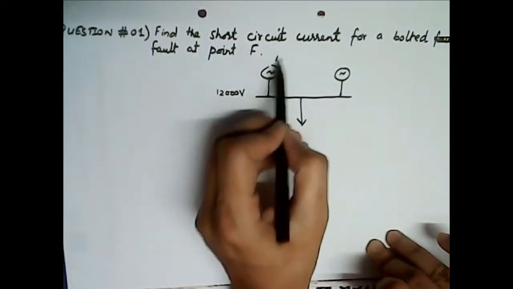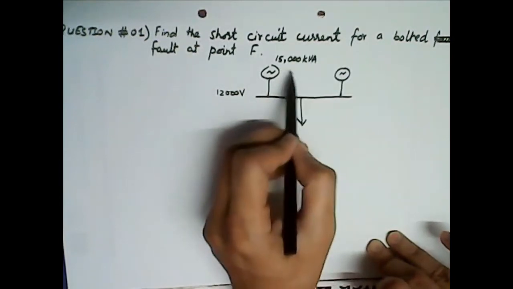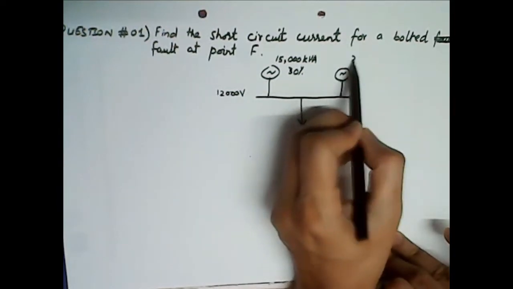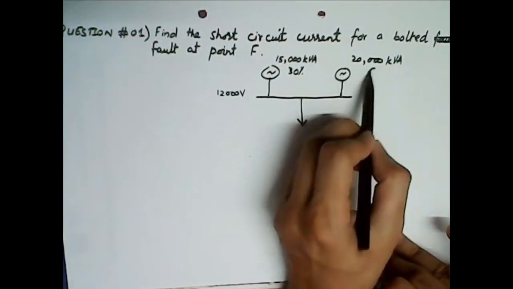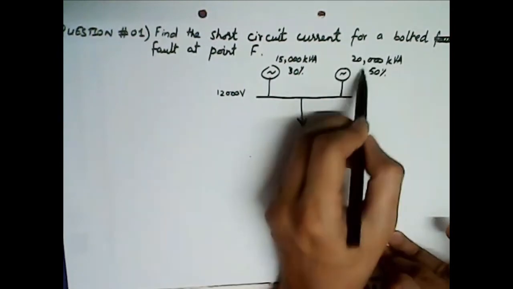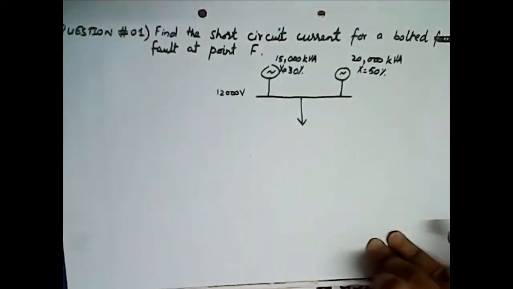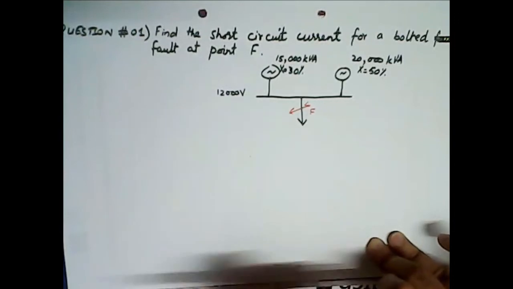Generator 1 is 15,000 kVA with a percentage reactance of 30%, and generator 2 is of rating 20,000 kVA with a percentage reactance of 50%, right? And the fault is given at point F.